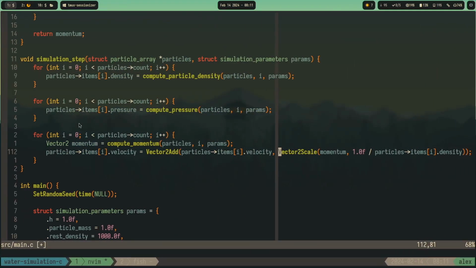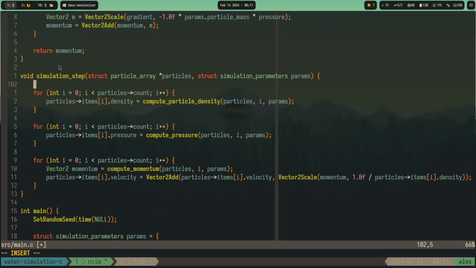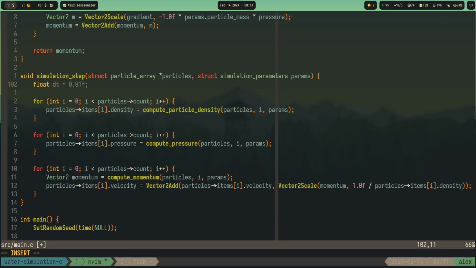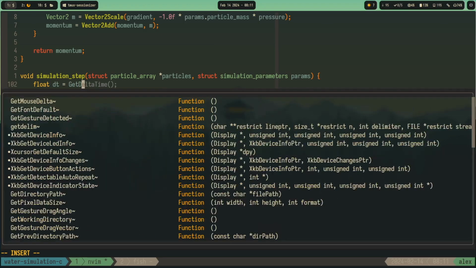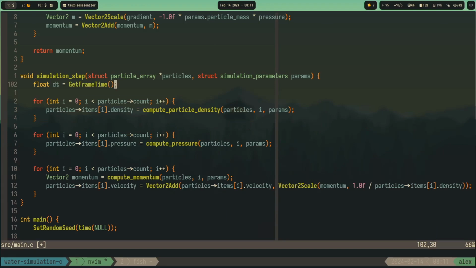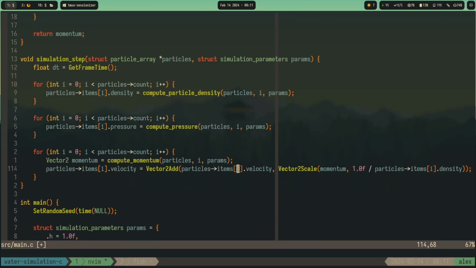And let's get the delta time. Float dt equals get frame time. So I think here we should just scale, but I'm not sure why it divides by density.